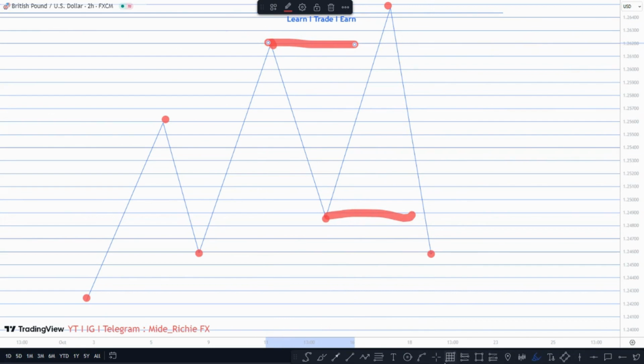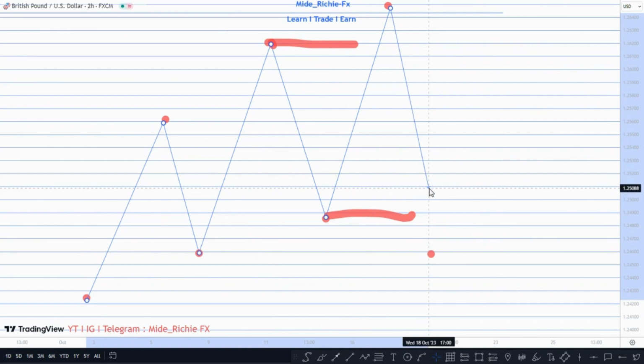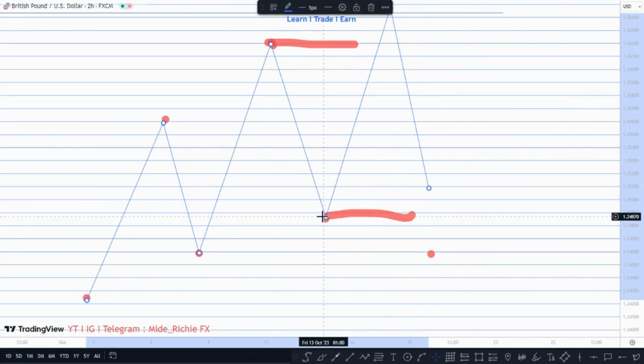Had the market come to this low and created a low that's not lower than this low, and then gone back up, that would be a normal lower high. But then the market created a low that's even lower than the previous low. So we have now changed from bullish structure to a bearish structure.